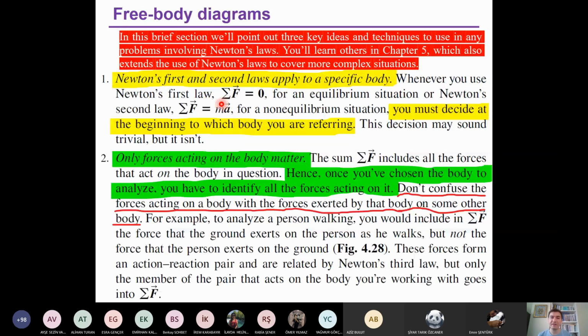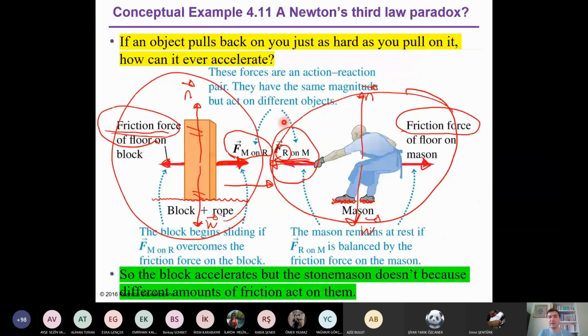If we are talking about a non-equilibrium situation, then you have to apply Newton's second law, okay? But we must decide at the beginning to which body we are referring. So here you decide you are dealing with this object, the mason. And here you decide that you are dealing with this object. You have to separate this one from the others, okay?